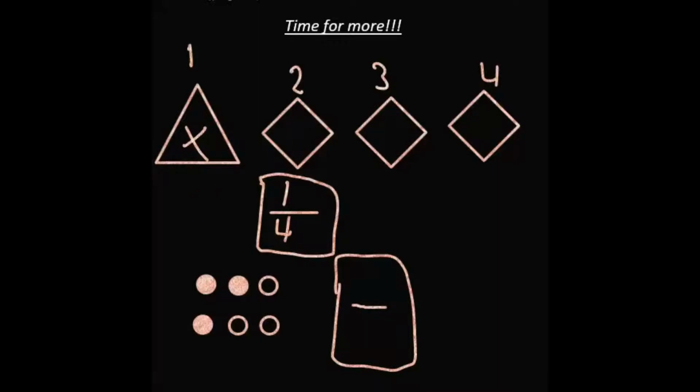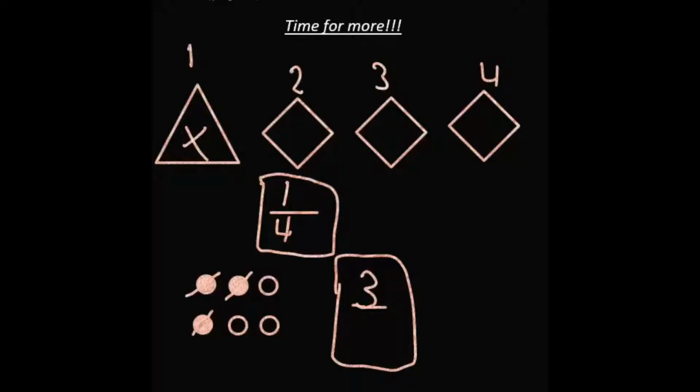Okay? So now let's start counting. We have 1, 2, and 3. So whoops, it's like I erased it. Okay, so we have 1, 2, and 3, right? So we have 3 solid circles. So that's our numerator.